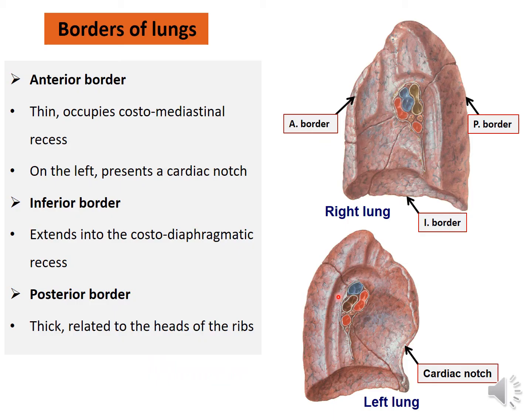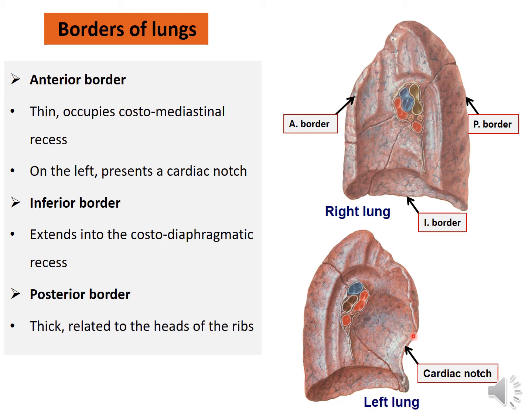Borders of the lung. As you see in the picture, each lung presents three borders: anterior border, posterior border and inferior border. The anterior border is thin and straight in the right lung. On the left side it is thin and it shows in the lower part a deviation which is called the cardiac notch, due to the presence of the heart towards the left side.